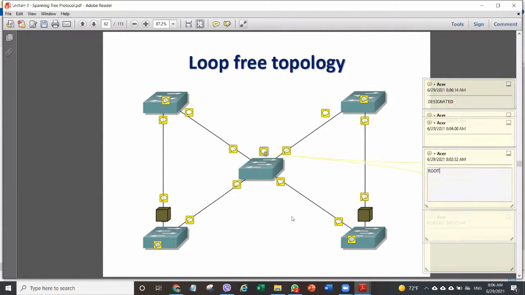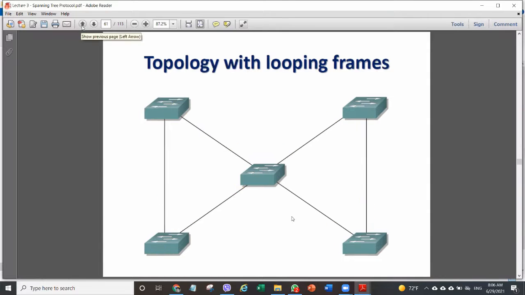Otherwise, lots of notes. So, what are the root ports? Can you show me the root port? This one, because our root bridge is this. Guys, think about this first.